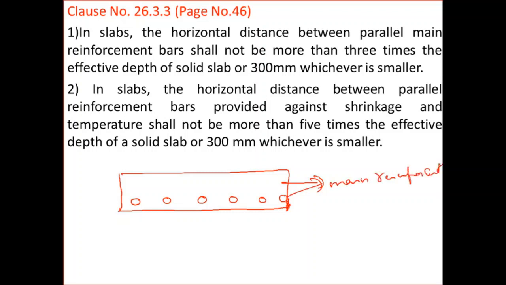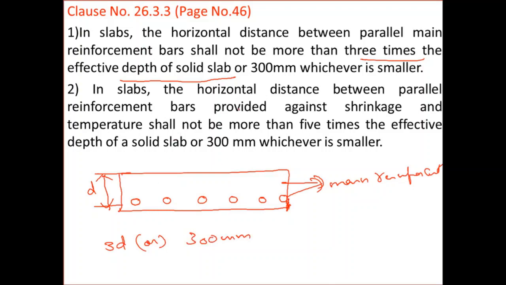Now the maximum spacing between these bars should be 3 times the effective depth of the solid slab. Effective depth means again you have to take it to the centroid of the reinforcement. So 3D or 300 mm, whichever is small.